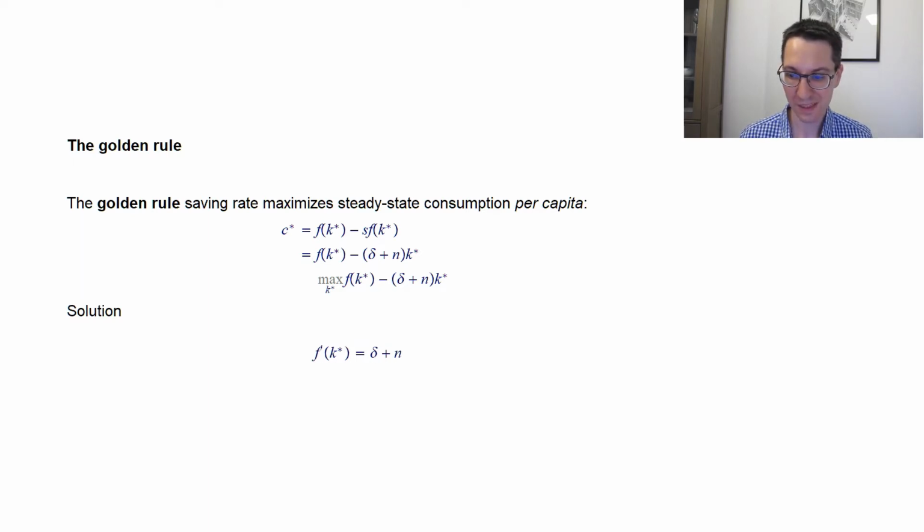So this may seem strange. What you have to note is since f has decreasing marginal returns, if f prime of k star needs to be larger, then it means that actually k star needs to be smaller if n is larger. So it looks strange because you would think that if I have more population, I should have more capital.